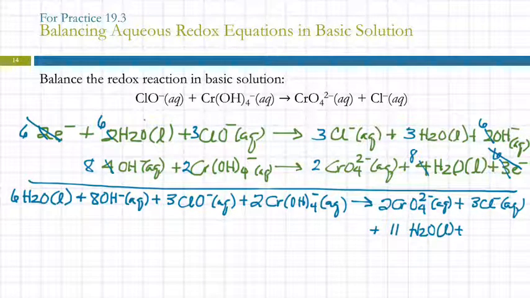And I've got 6 hydroxide ions. So that's balanced with respect to mass and charge, but I've got water and hydroxide ions on both sides. So any questions about that result right there?